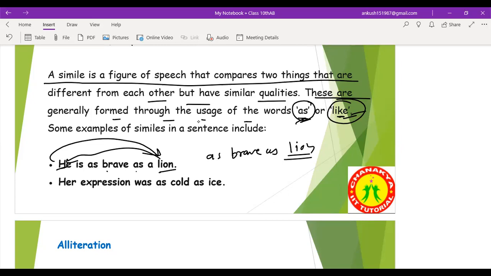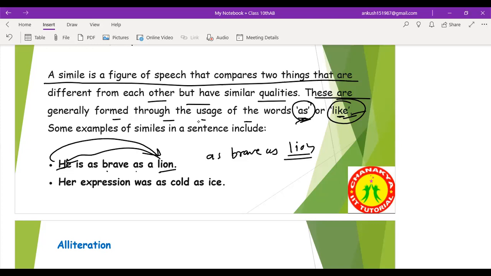So the lion's quality is compared with the human being here. He is as brave as a lion, but he is not a lion.